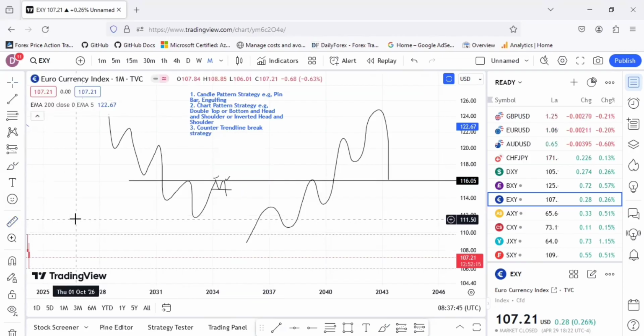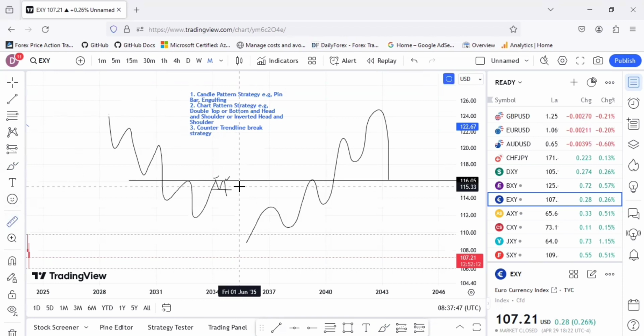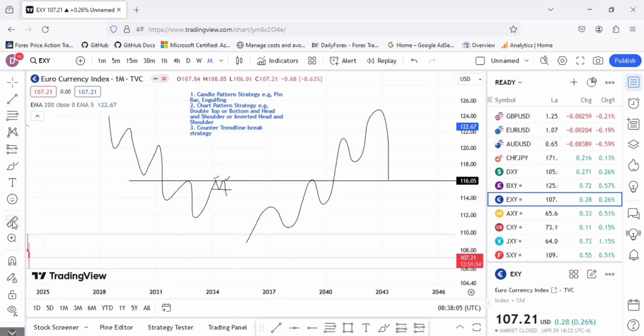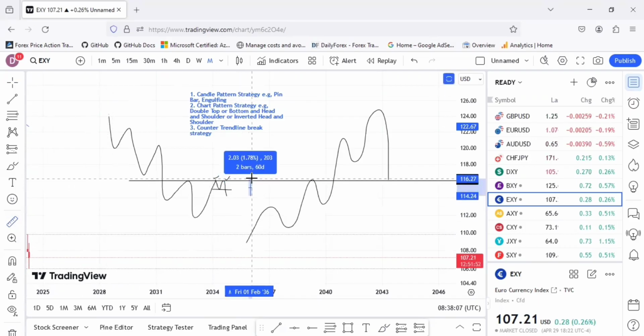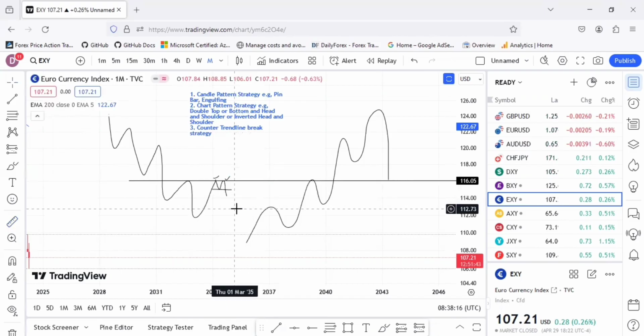But if you enter from here, maybe after a retracement back to this place, it might give you 1.33 or 133 points. Even from here, this is 94 or 0.94. If you put it from here, you're having 2.03 or 203 points. You understand? So those are the differences.